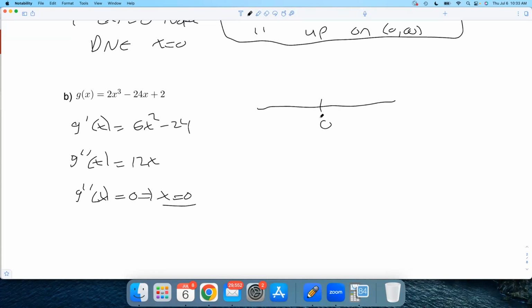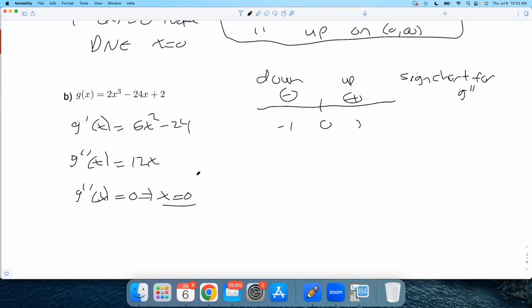So we do a sign chart here for the second derivative. This is a sign chart for g double prime. I'm plugging values in here. Again, plug in -1, you get -12, a negative. Plug in +1, you get 12, a positive. So that's concave down and up. Now, that is a point on the graph.